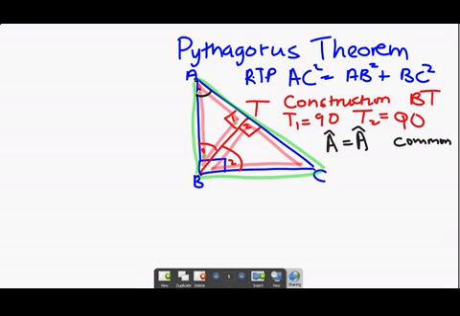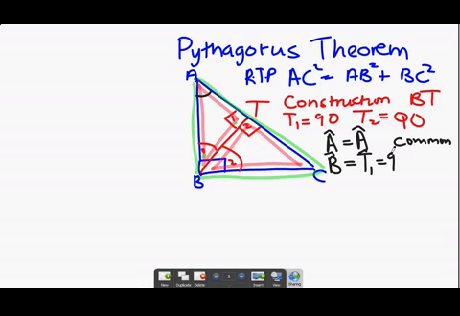And then we are going to look at the big triangle. In the big triangle, there is the angle B, just the B for the big triangle, and in the big triangle, B is equal to what? 90 degrees. So we also know that T1 is also equal to what? 90 degrees.